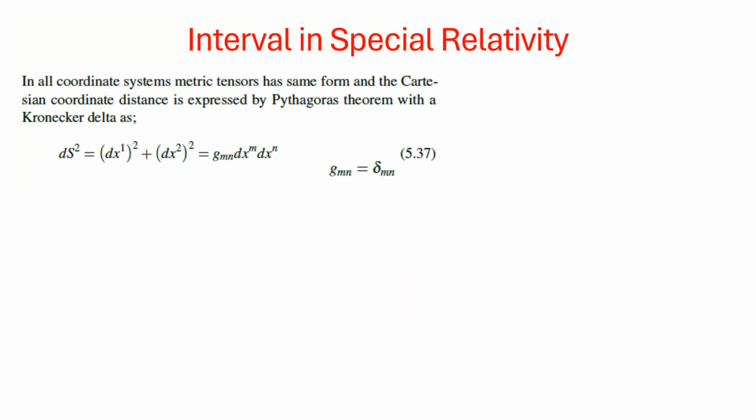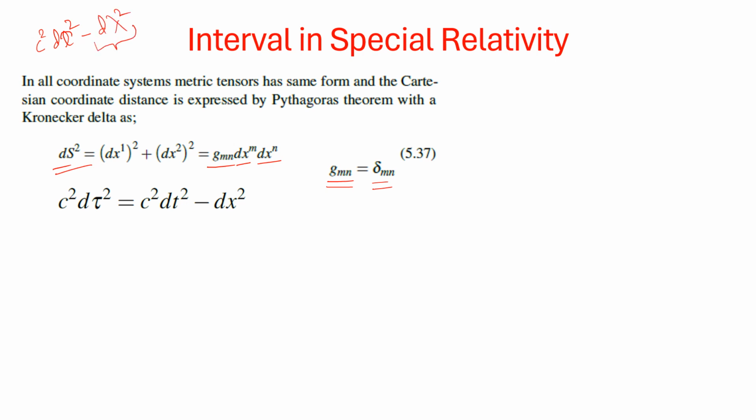Now the interval in the special theory of relativity, as I said, d tau square is GMN, which is a metric tensor, multiplied by dxm dxn, and for special relativity this set is simply the Kronecker delta, because c square dt square, actually d tau square, is c square dt square minus d lambda square.